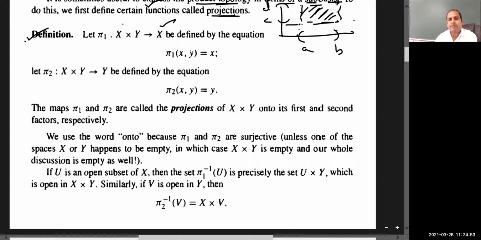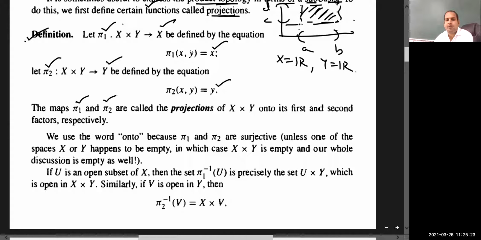So you can see that pi1 is a map from x cross y to x given by this one, pi1 of xy, basically we are projecting to the x axis. If you consider xy as R2, x and y as R, let us understand on R first. Let us take x equal to R and y equal to R with standard topology. And pi2 we are defining as projecting onto y. We are projecting the Cartesian product x cross y to y by this map.